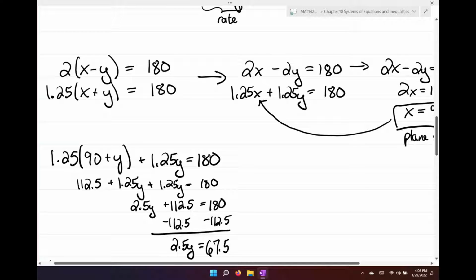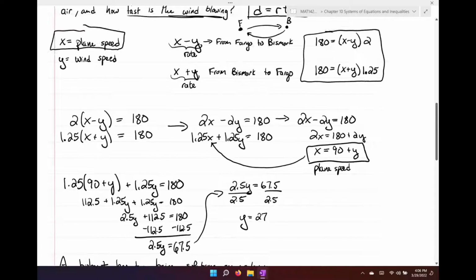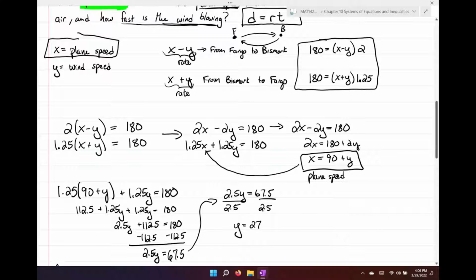And I'm just going to write this right over here so I have a little bit more room. 2.5y equals 67.5. Finally, I will divide both sides by 2.5 to give me y equals 27. And remember, if I scroll out here, we let y equal our wind speed.